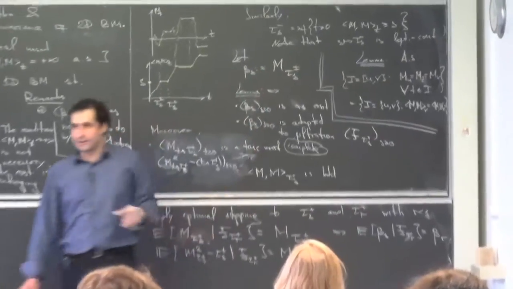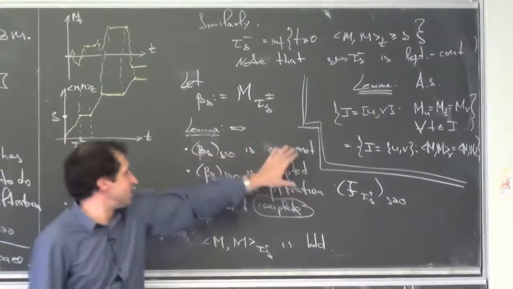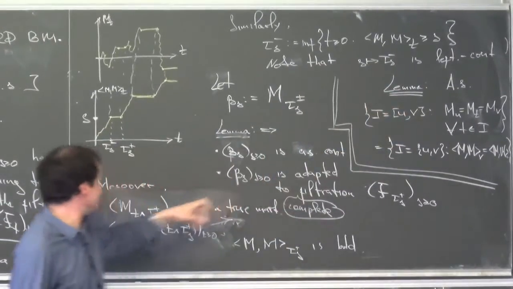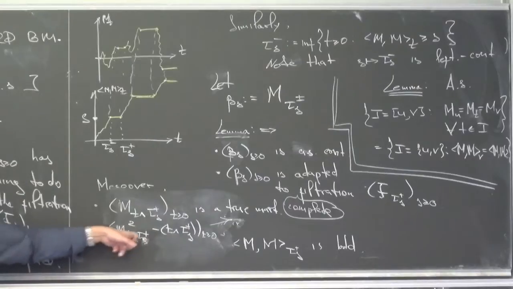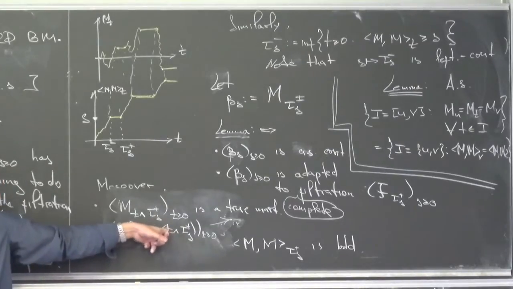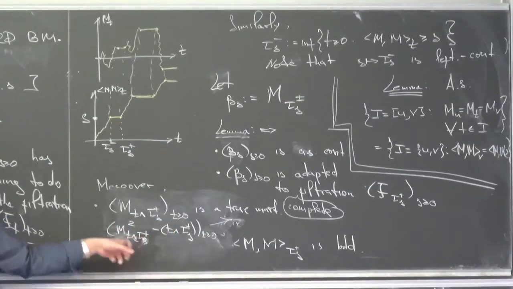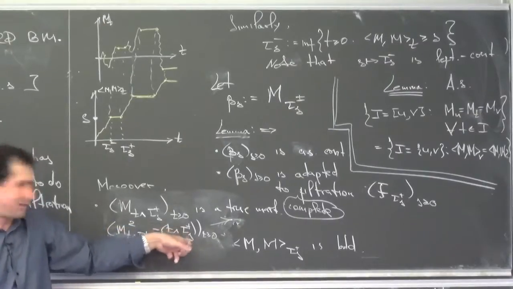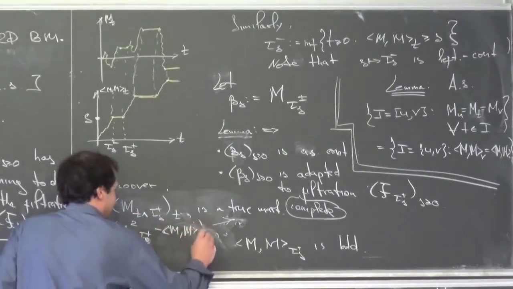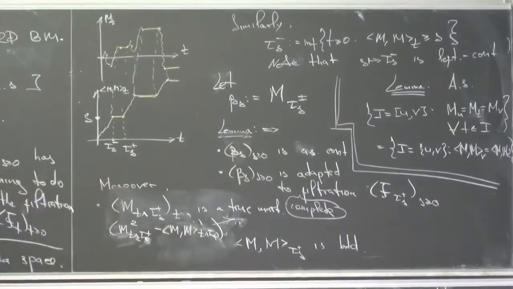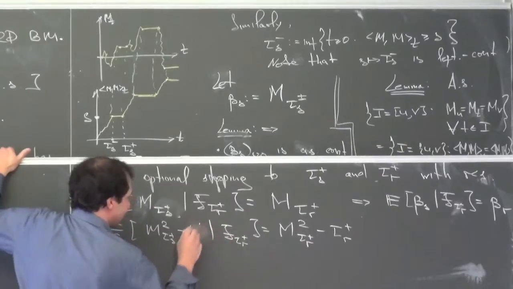I introduced a change of time, right? Then I said, okay, I have a new process. This is a continuous process provided I have such a lemma, and it is adapted. And then I say, okay, this is a true martingale. To write this, I should write the quadratic variation here, not the time itself, right? I mean, this is a stupid statement. It cannot be true. It should be M squared minus its quadratic variation, right? And this is not the quadratic variation. So it must be quadratic variation there, and it must be quadratic variation here.